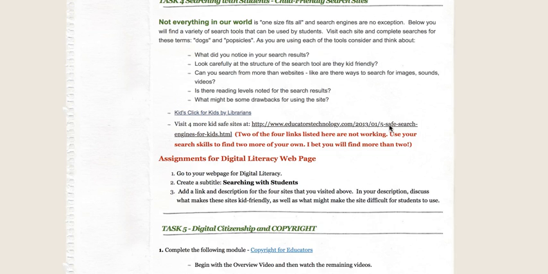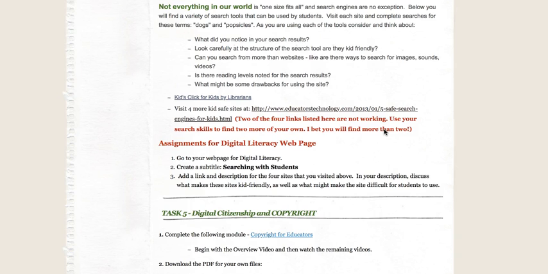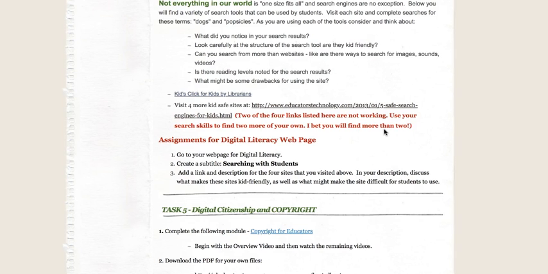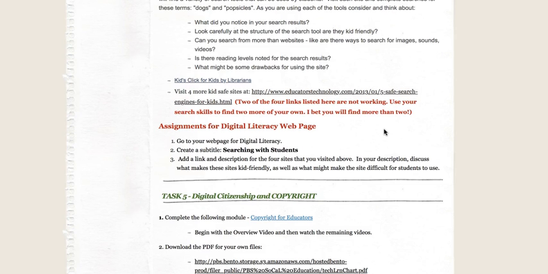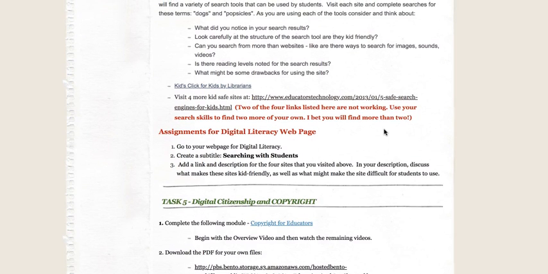educatorstechnology.com, you may find that not all of the links work for those sites. So there's multiple ones, so choose the ones that are working. And then if you don't find 2 more, you can always use your Google search to locate those.